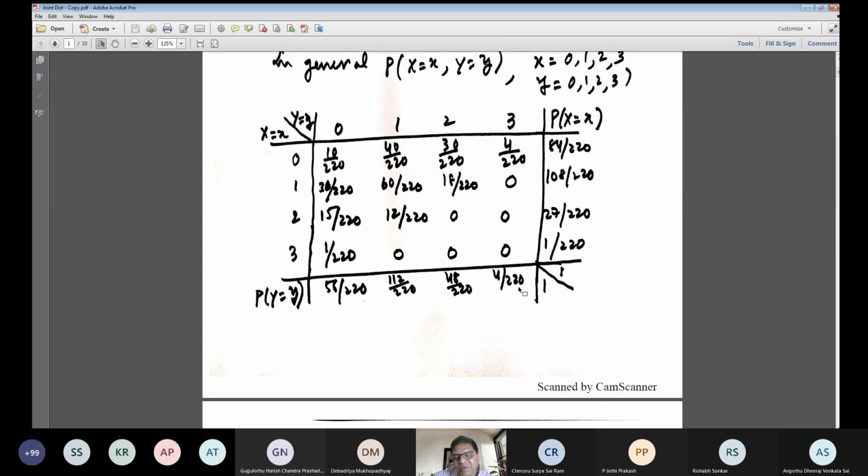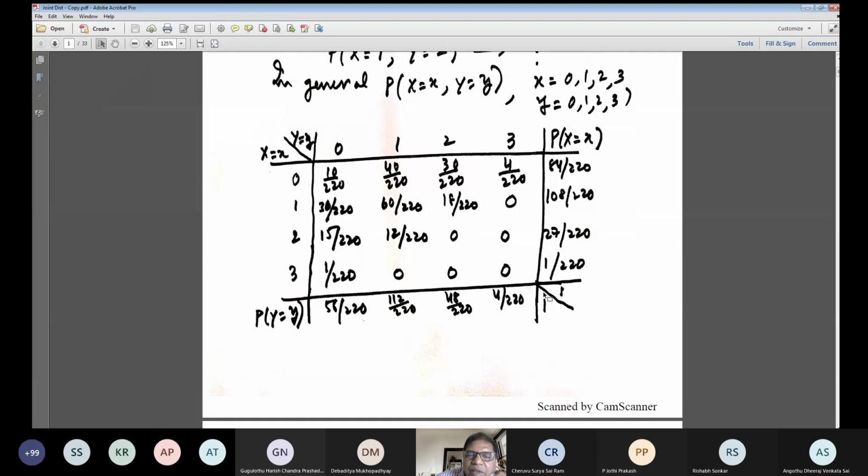Because this is the probability mass function of X, the sum should be 1. This is the probability mass function of Y, it should also be 1. And in fact, for the joint probability mass function, if you sum over all possible values of X and Y, then the sum will be 1. Means basically, if you sum all the elements put in this rectangle, the sum will be 1.